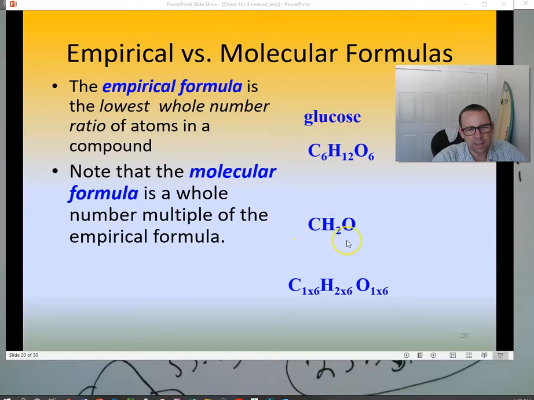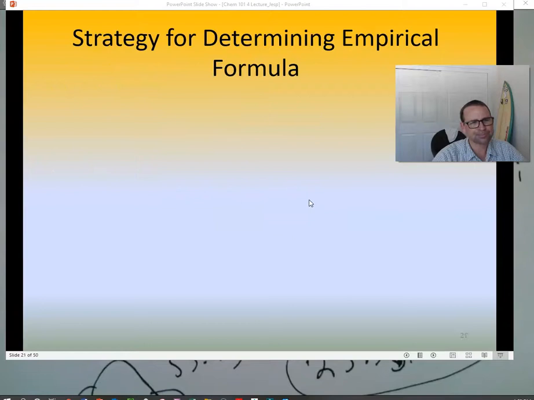However, this is the empirical formula. To get from C6H12O6, everything is divided by the greatest common factor, and you get the minimized ratio of the different elements in the compound. So the molecular formula is the actual formula, but the empirical formula is the reduced form.